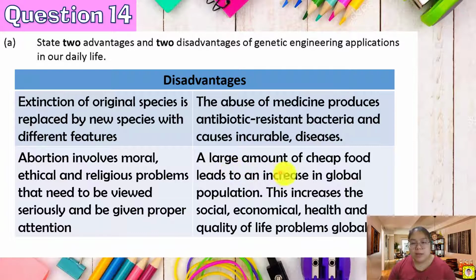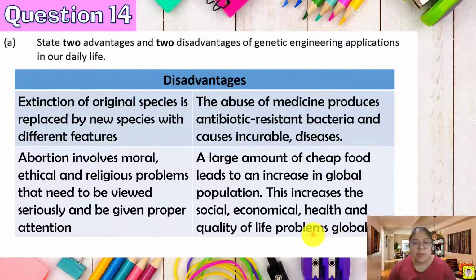Okay, after that, a large amount of the cheap food. Okay, that will lead to an increase in the global population. This will increase the social economy, health, and also the quality of the life problem globally. Okay, the food is no quality already because too much. Okay, so this was another disadvantages.